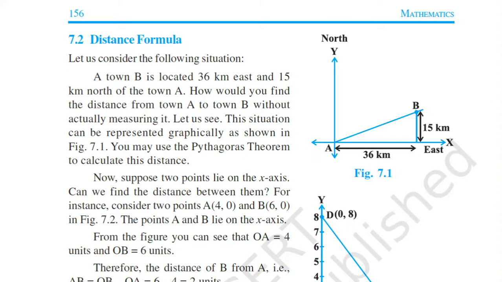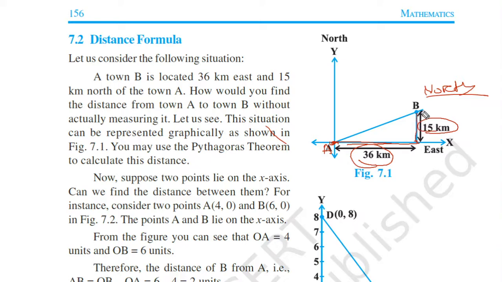Let's start. Suppose, think about a situation in which you are going towards east. You start from a point A and move towards the east. You move some 36 kilometers. Then suddenly you think now we have to move towards north, so you move 15 kilometers towards north.